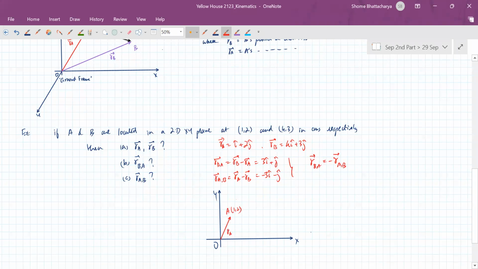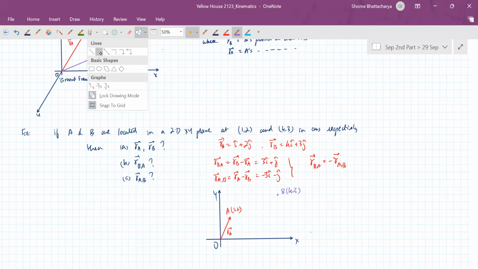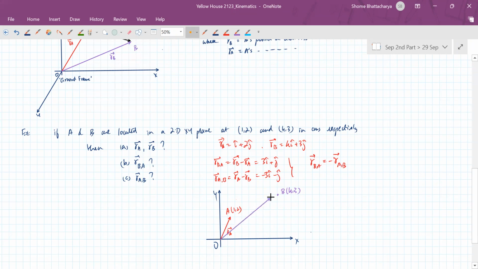So this is our position vector RA. And B would be located somewhere over here, so B's position vector would be like this.